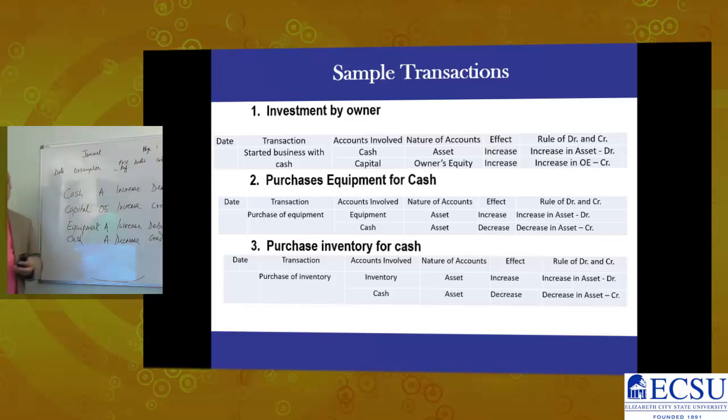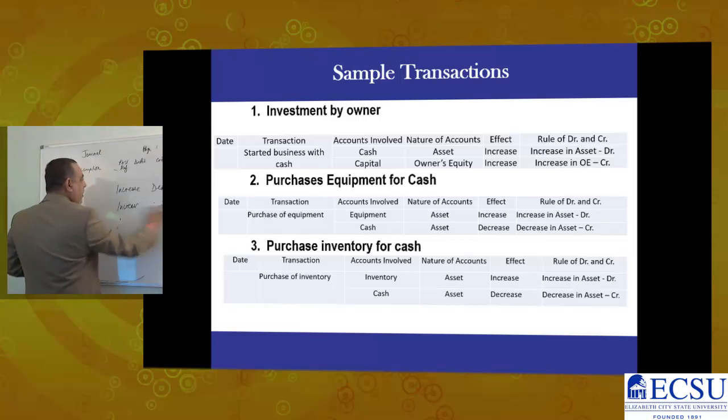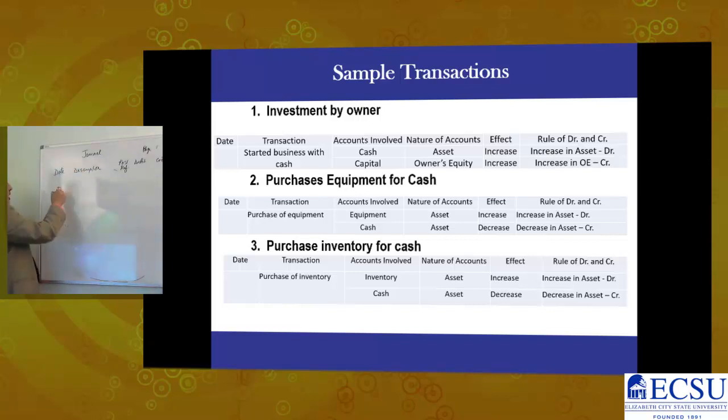Now the next thing is the purchase of inventory for cash. So whenever you are purchasing inventory, of course, inventory is an asset. So let's write it down again. Start with inventory, of course, and we purchase that inventory for cash.